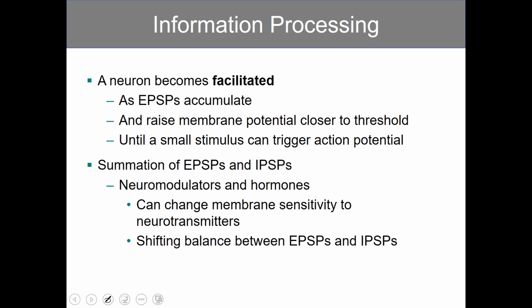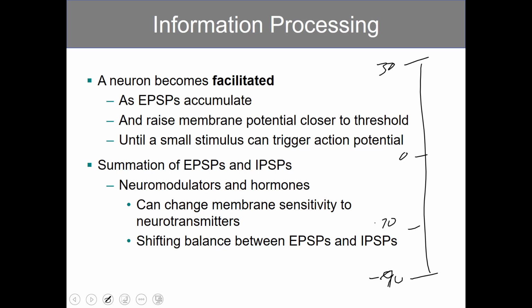A neuron becomes facilitated as EPSPs accumulate, and that raises the membrane potential closer and closer to threshold until a small stimulus can trigger an action potential. Again, consider your scale: -90, -70, 0, and 30.